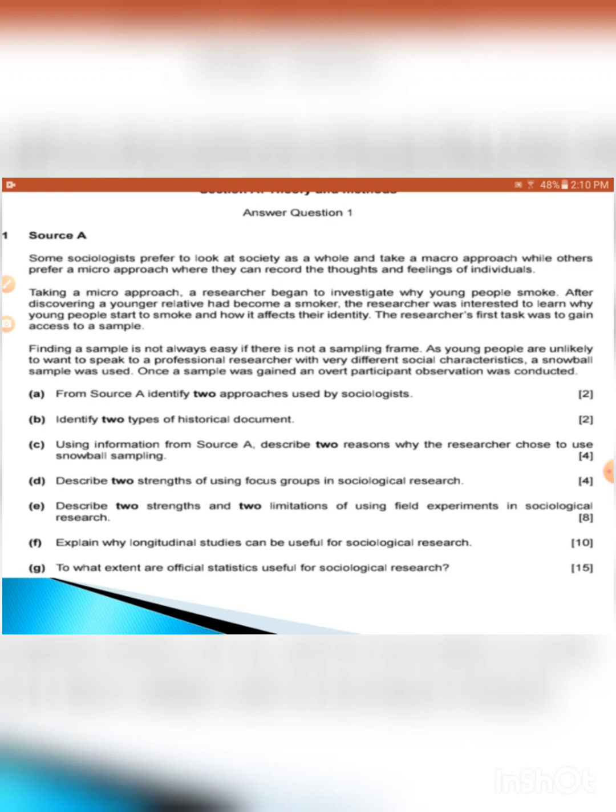From the third paragraph, you are going to find a lot of things that your upcoming questions are going to ask you. Sampling frame, you should know what a sampling frame is. And another thing you can highlight is that young people are not open to research.